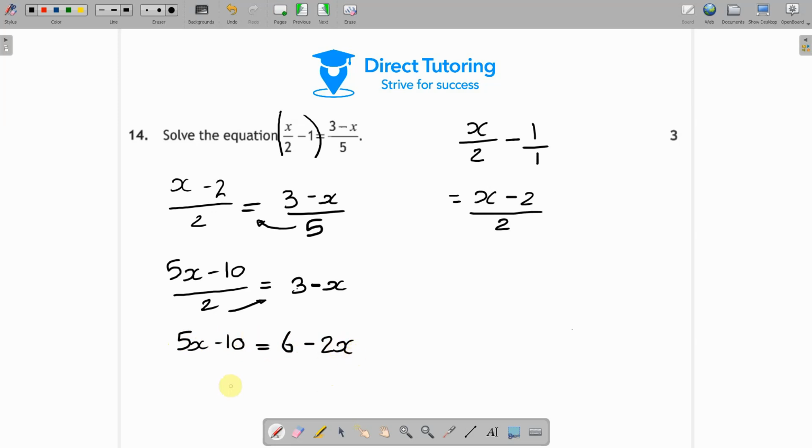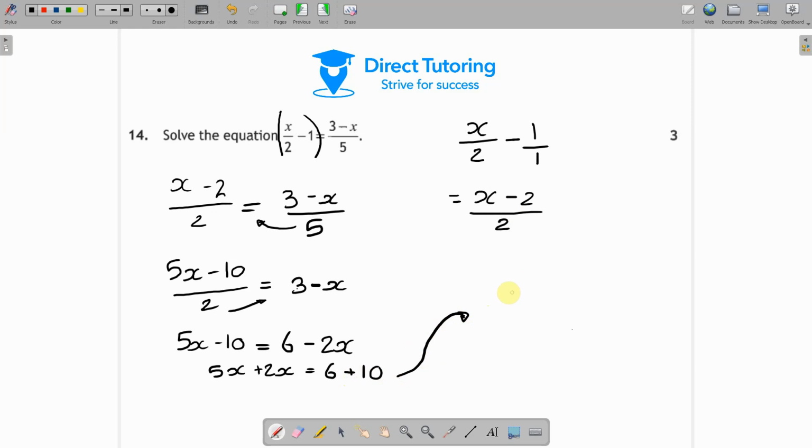Now if I get all my x's to the left, all my numbers to the right, we can solve for the value of x. So we're going to get 5x plus 2x equals 6 plus 10. Now I'm just going to write the rest of it up here.